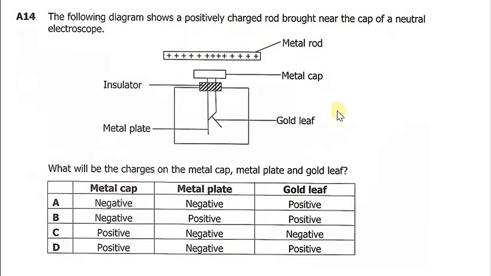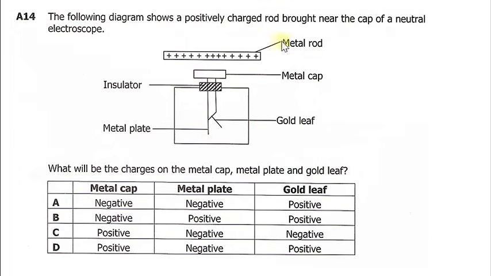So this is the neutral electroscope with the metal cap here, the insulator, the metal plate here, then the gold leaf here. The question says, what will be the charges on the metal cap, metal plate, and gold leaf? So they're asking what will be the charge here, here and here.